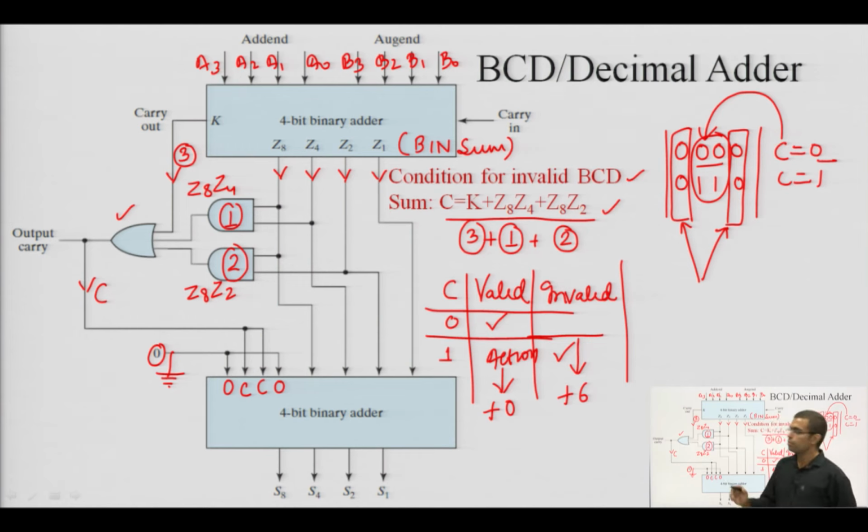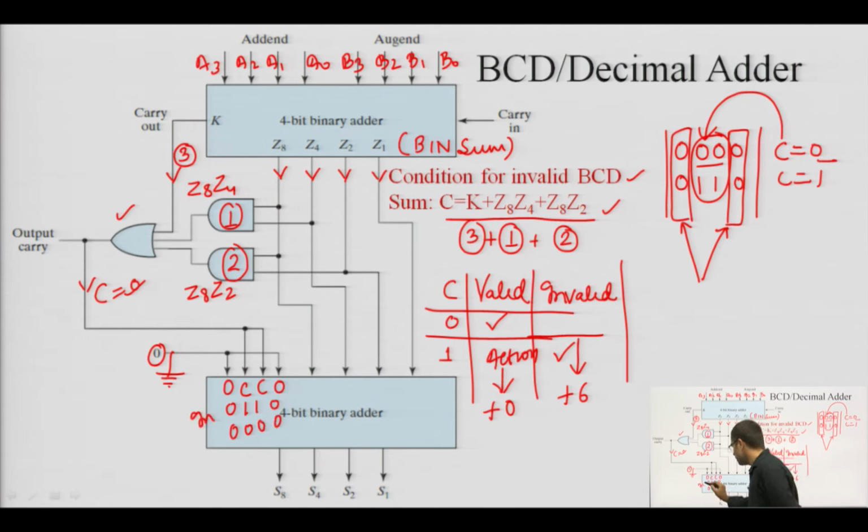That means if my condition for invalidity is satisfied, that is, the sum is invalid, then it will automatically add 0 1 1 0, and if C is equal to 0, that means my sum is already valid, then I need not add anything, and there will be 0 0 0 0. So, this is the case for invalid and this is the case for valid.